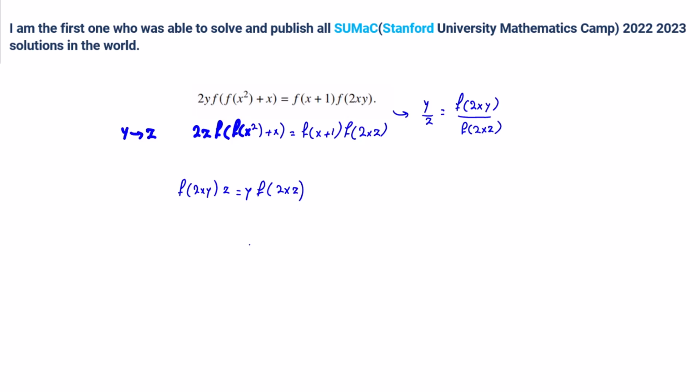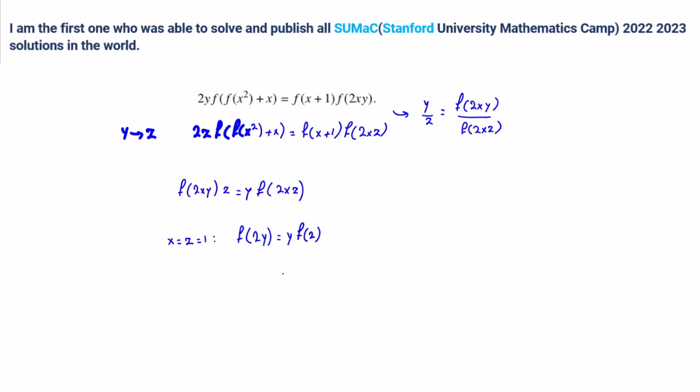So, for example, if x is equal to z is equal to what? Then we can conclude what? Then f of 2y equals y times f of 2.